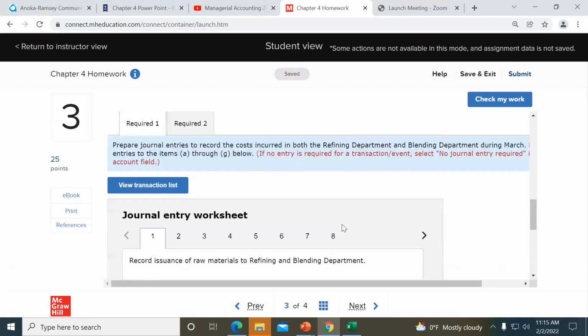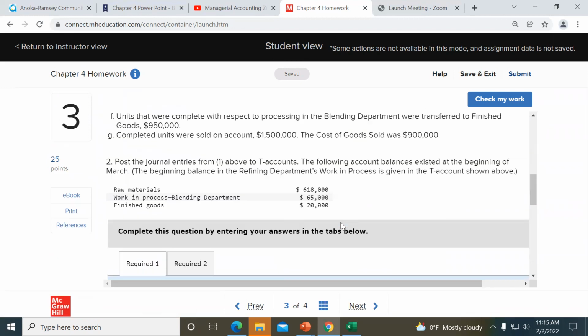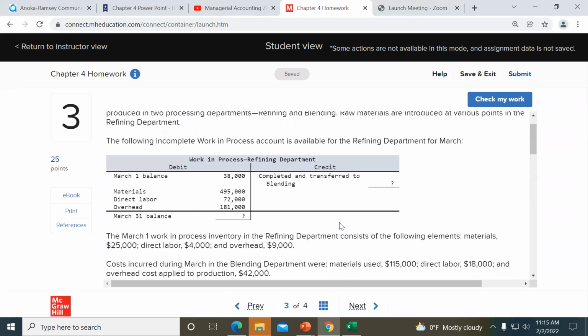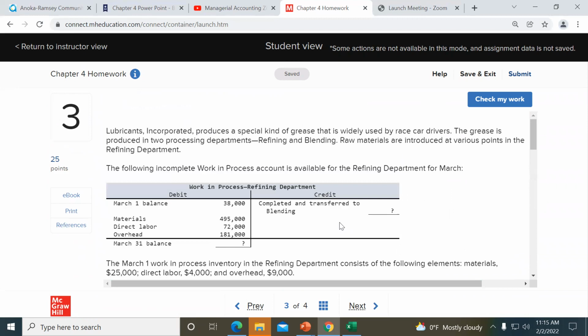We'll do number 3. Okay, it's a little different. Unless 4 is more difficult. I'm trying to figure out which one. We'll do 3. Okay.